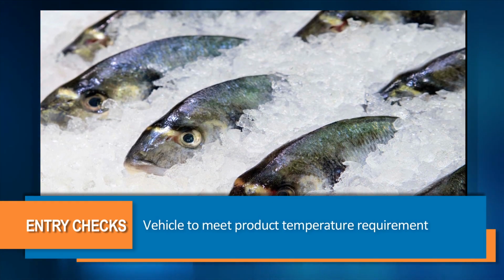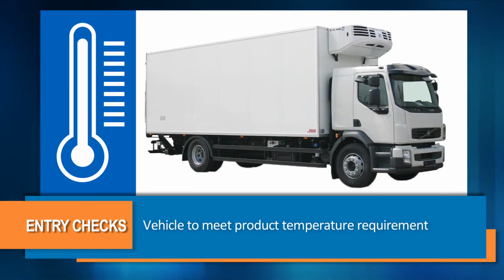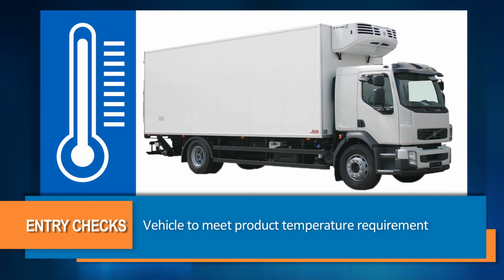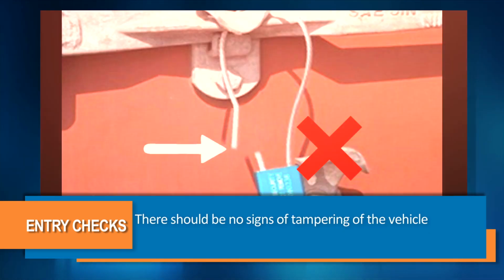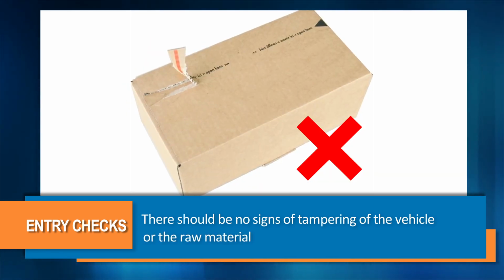If the product requires temperature control, then the vehicle should be able to meet the temperature requirements. There should be no signs of tampering of the vehicle or the raw material.